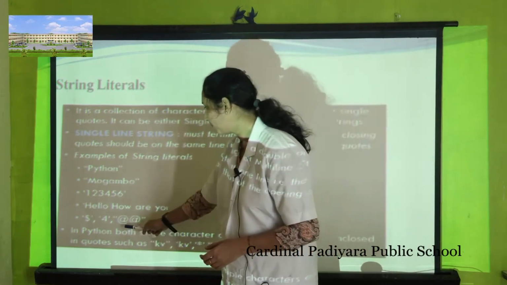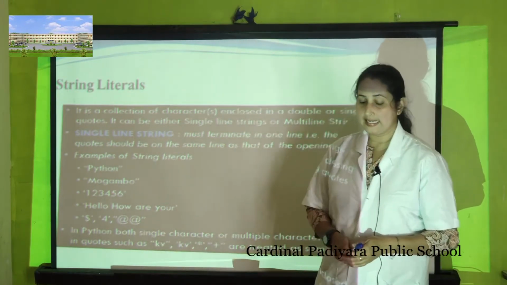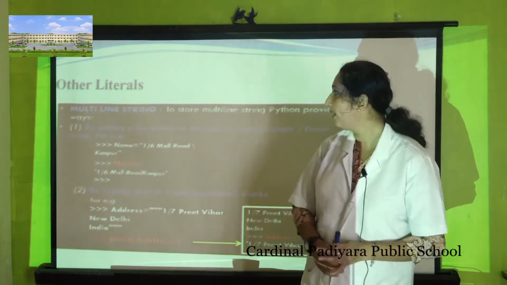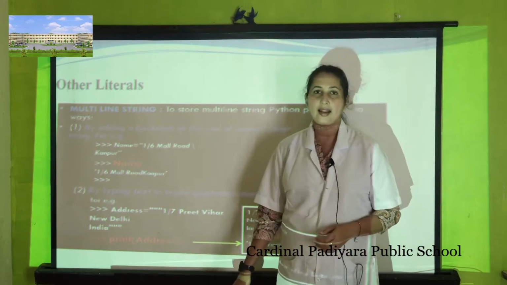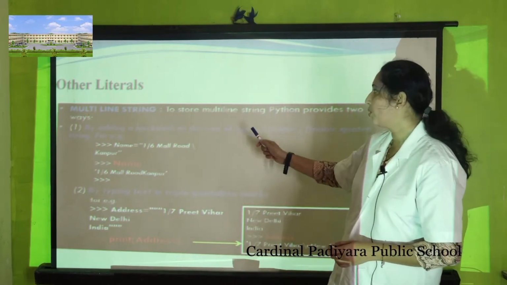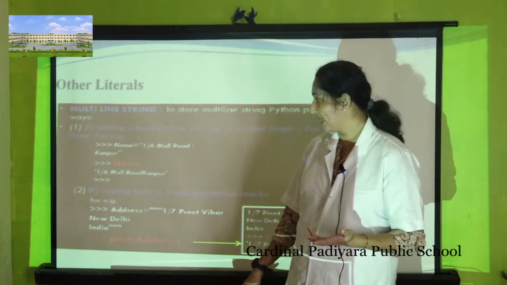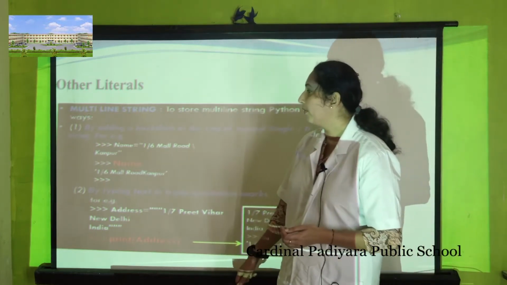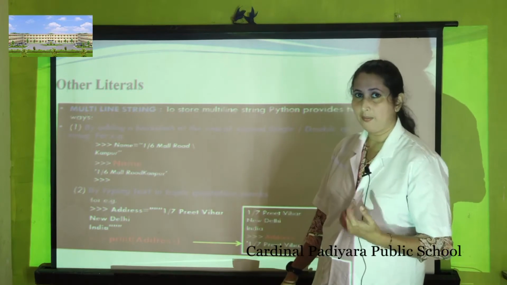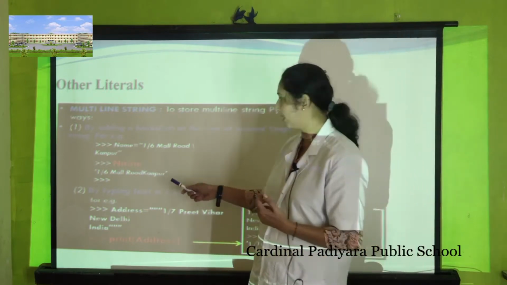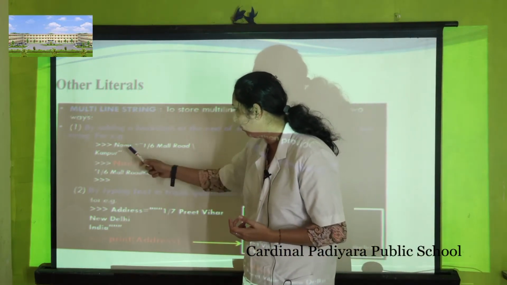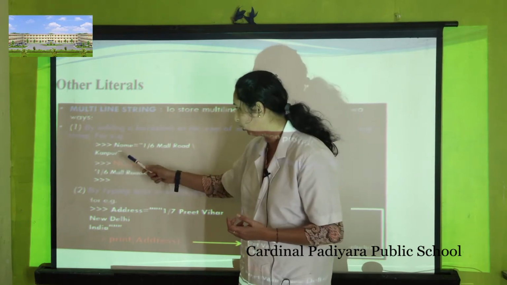Next is multi-line literals. Multi-line string means to store the string in multiple lines. We can see an example in this format. Here multiple lines are used in double quotes.